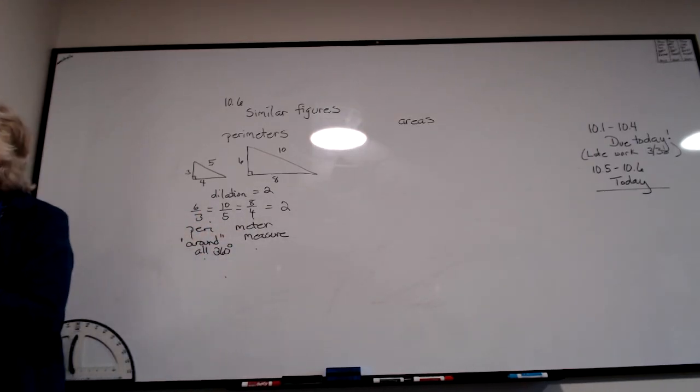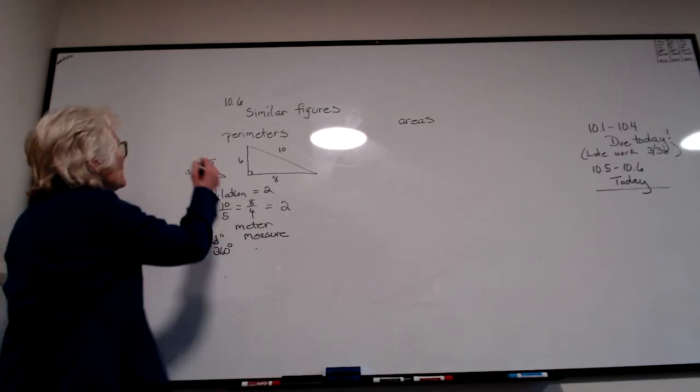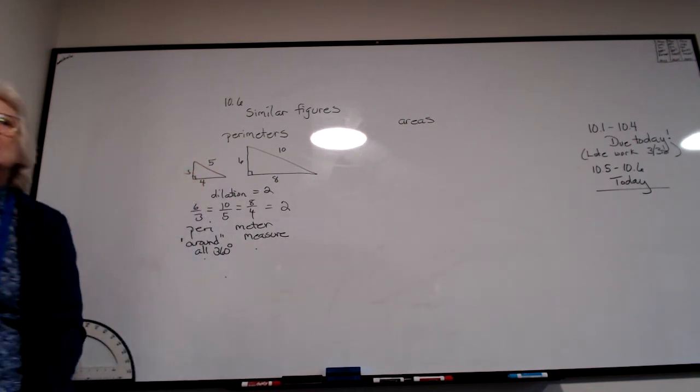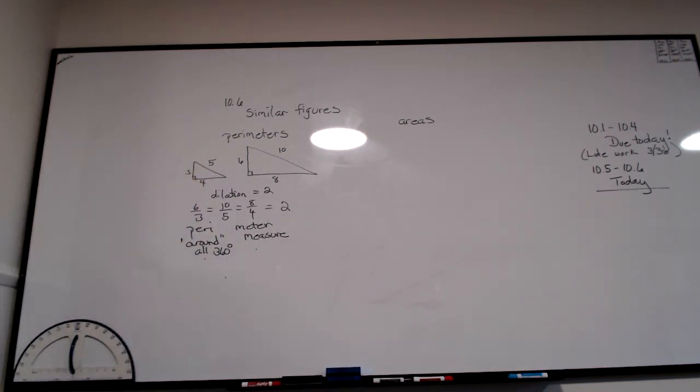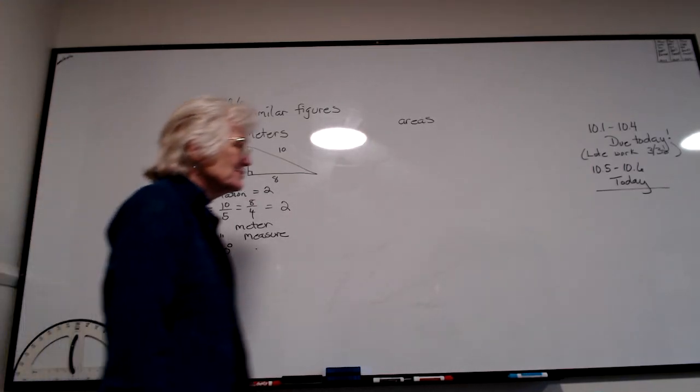Meter means measure, okay? So if I measure the whole distance around here, what is it? Lucas, what is the measurement of the small triangle all the way around? 12.